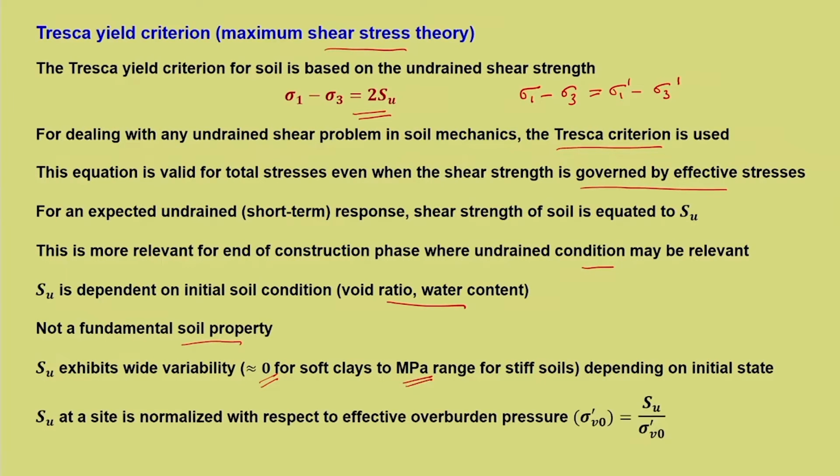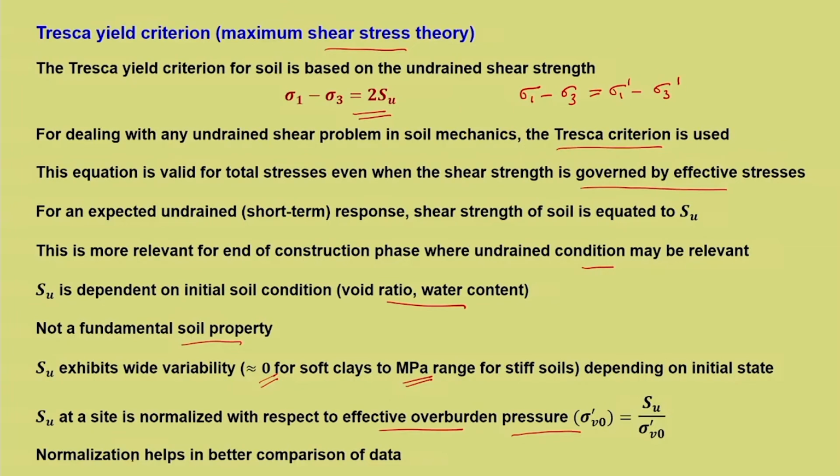You can see that it is approximately 0 for soft clays, and in the 2 megapascal range for stiff soils, depending on the initial state. Now, if you are considering actual field problems, then SU at a site is normalized with respect to the effective overburden pressure, which is equal to sigma dash V naught. Why? Because as the overburden pressure increases, the void ratio or the water content would change.